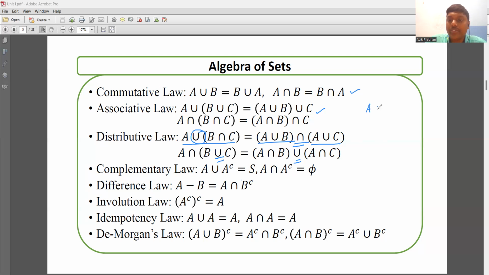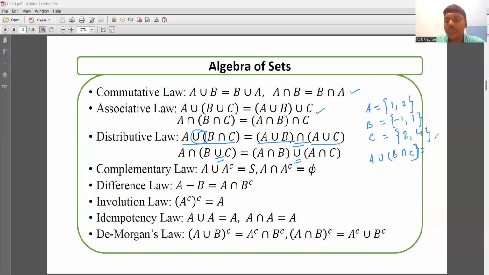Very quickly we are going to do this. Suppose A equal to {1, 2}, B equal to {-1, 1}, and C equal to {2, 4}. So what will be A union (B intersection C)?